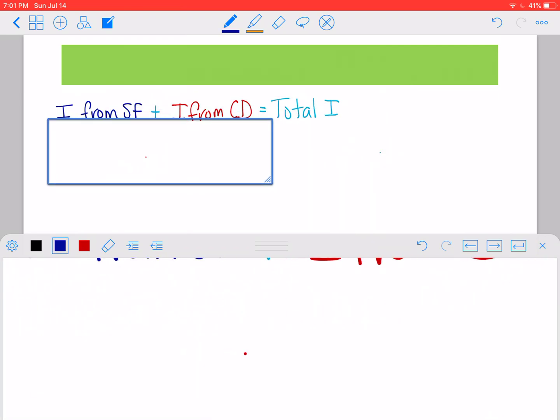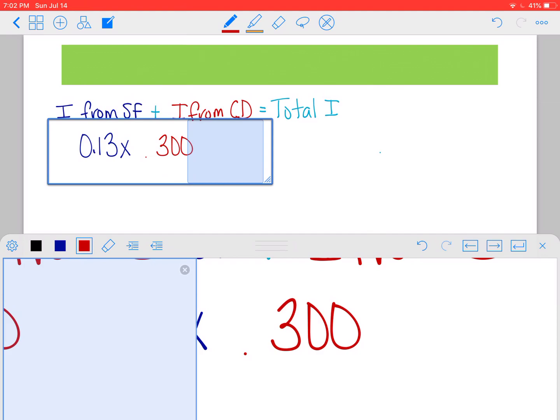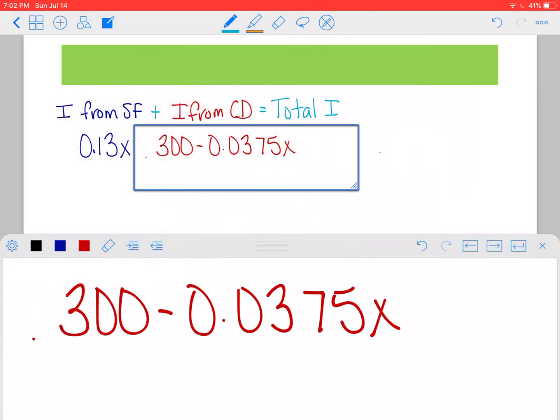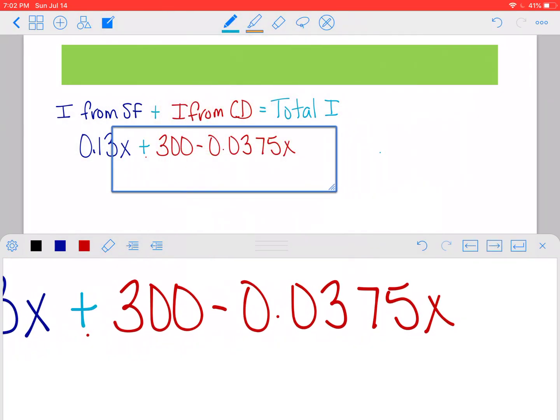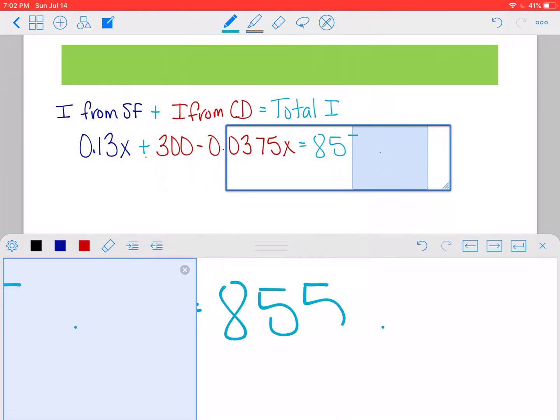Okay, so the interest from the stock fund we found was 0.13x, and from the CD, we add those together, and that'll give us 855.